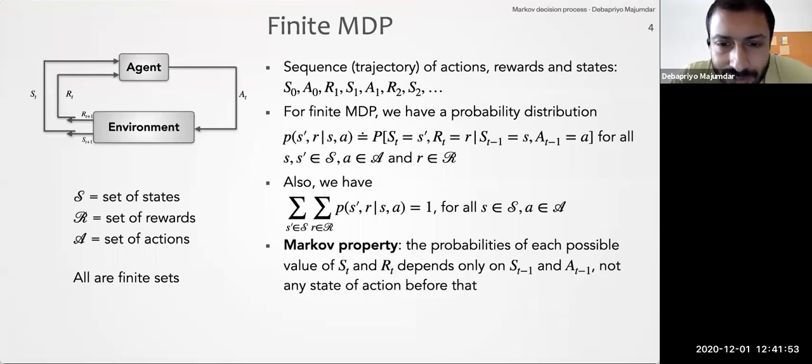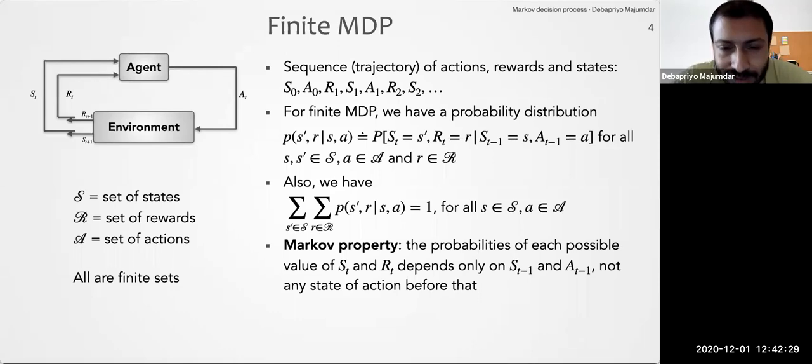Now, this is the most important property, the Markov property. The probabilities of each possible value of S_t and R_t depend only on the previous state and action, and not on any state or action before that. When we talked about PageRank, we talked about a random surfer, and where the surfer goes from a particular node depends only on this node, not on where it came from before.